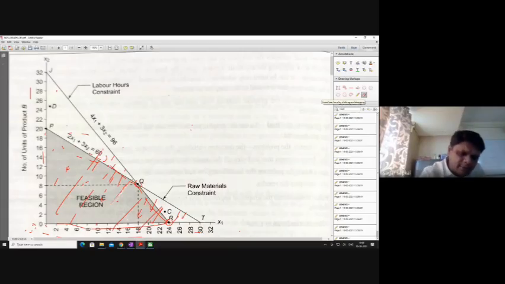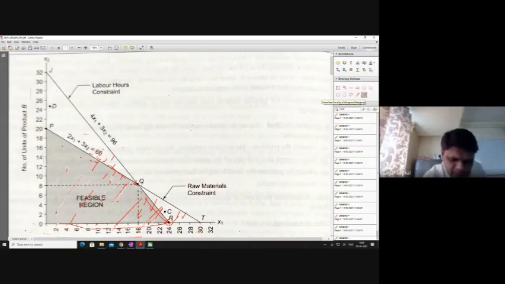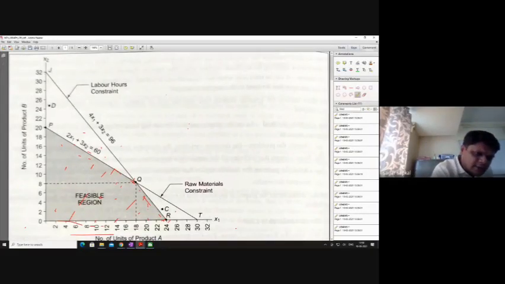I don't know how to use these properties in the PDF, but let me erase it first. Okay, so again I will draw it. This much region, whatever is there.